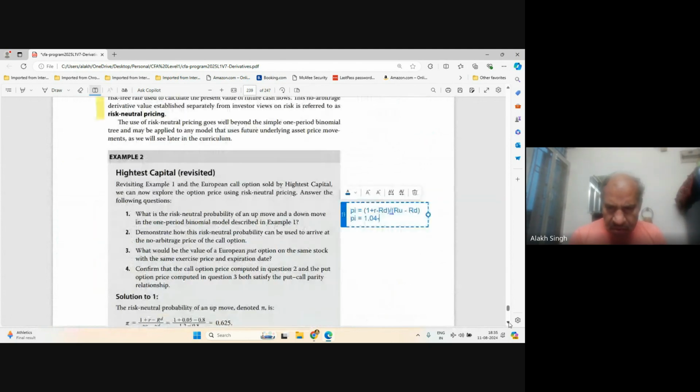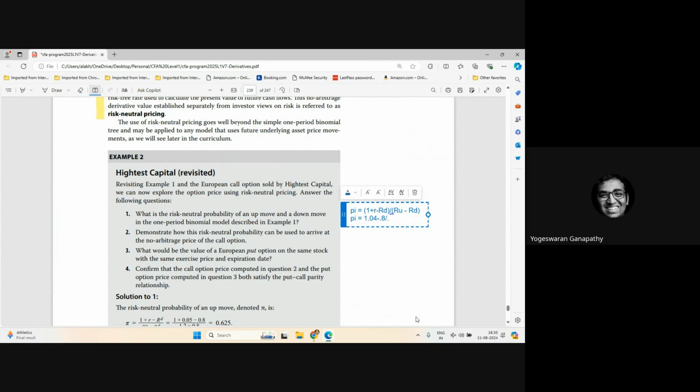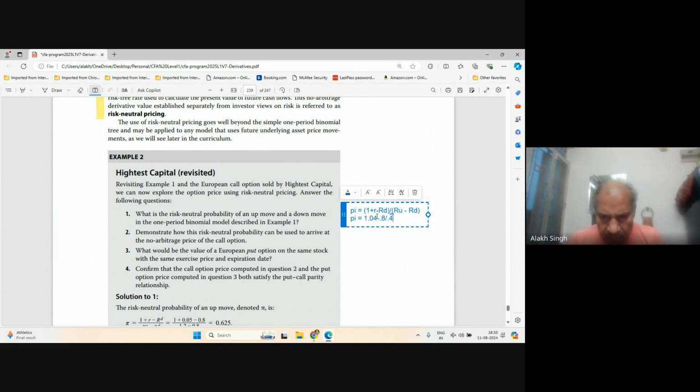So here we have (1.05 - 0.8) divided by 0.4. The risk-free rate is 5% in that question, sir. Okay, 1.05, that's fine. So 0.25 by 0.4 is equal to 0.625. This is our risk neutral probability.